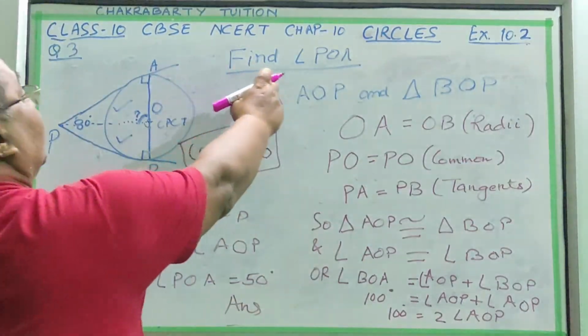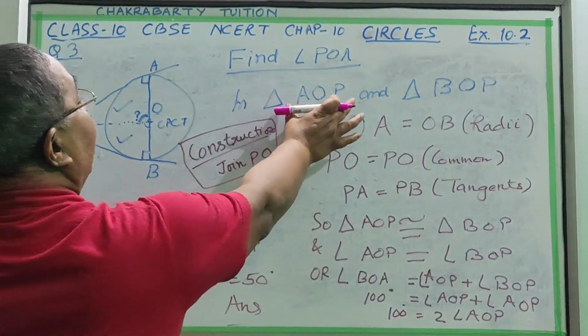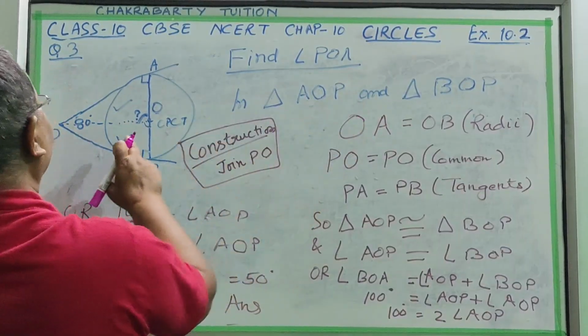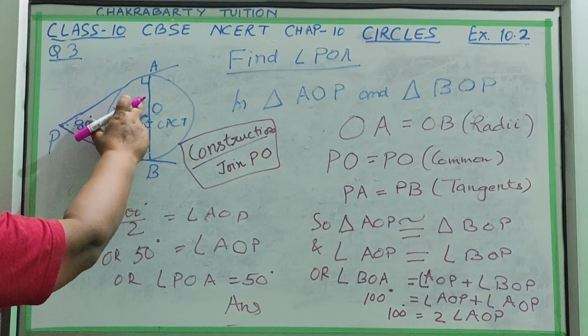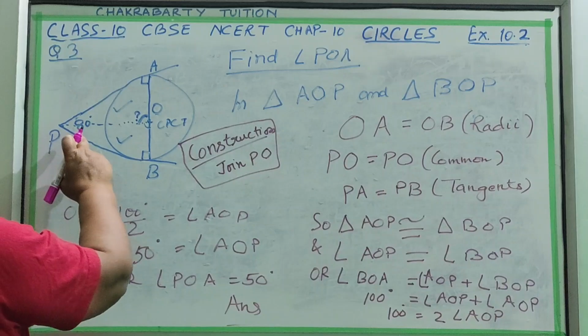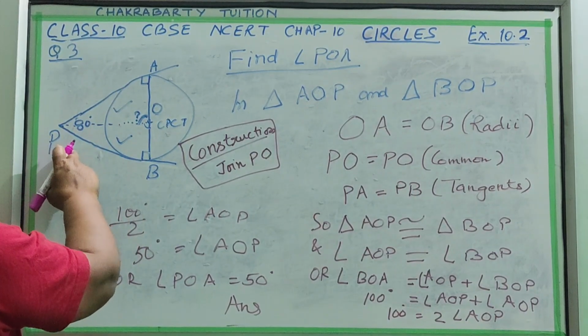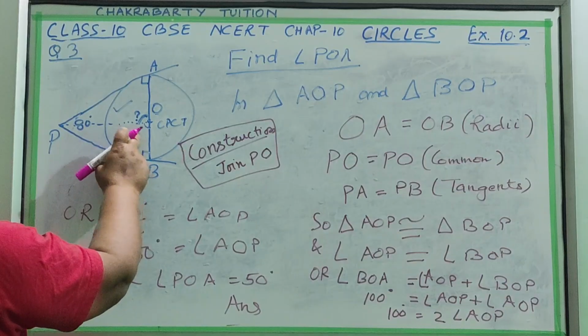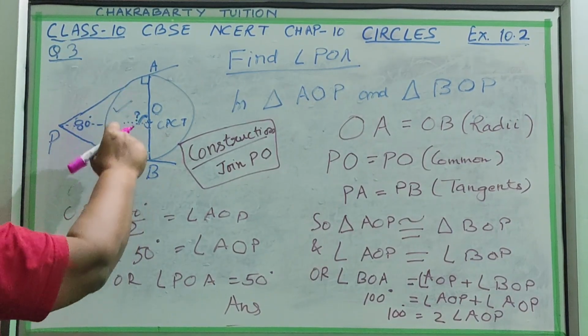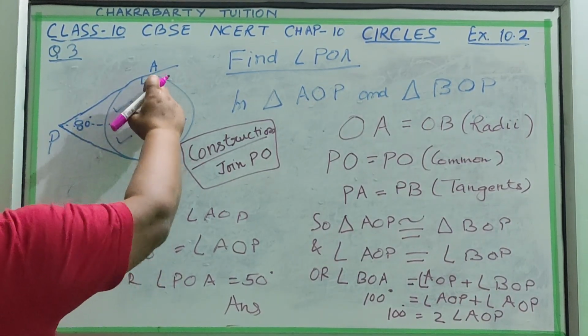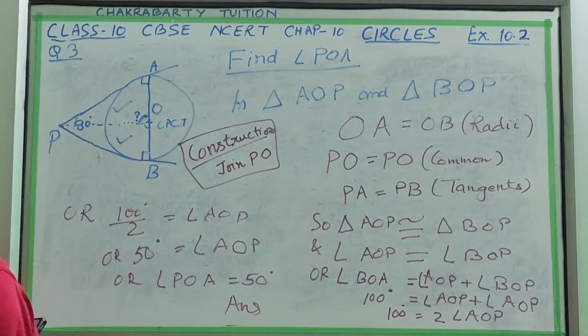Now to find this, we have to make the congruency check between triangle AOP and triangle BOP. In both, OA and OB are radii of the same circle, so they will always be equal.